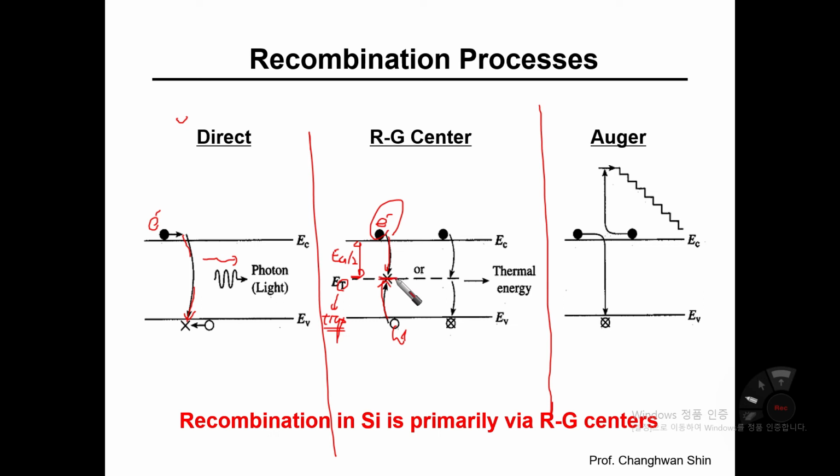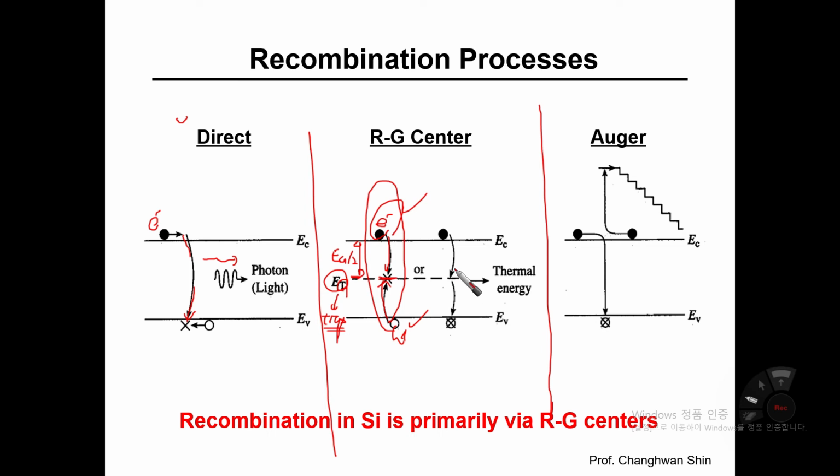So at this energy state, the electron and hole are met together so that they are annihilated in pairs, so the recombination process has happened with the help of this trap energy state, or recombination generation center. But this is one specific example of how recombination happens via an RG center.